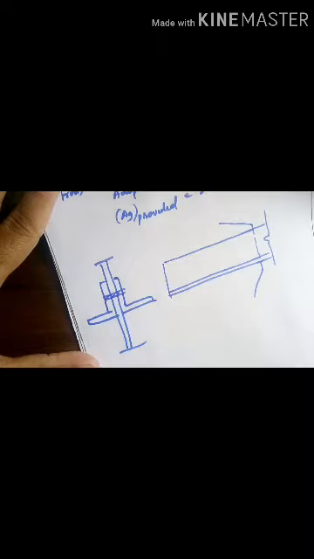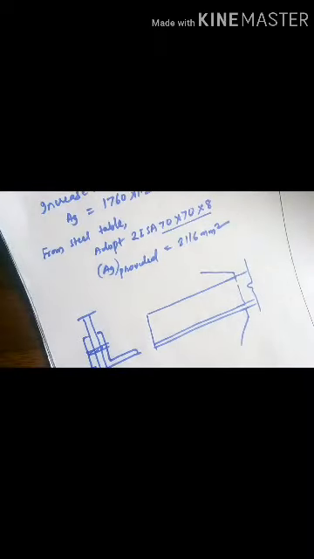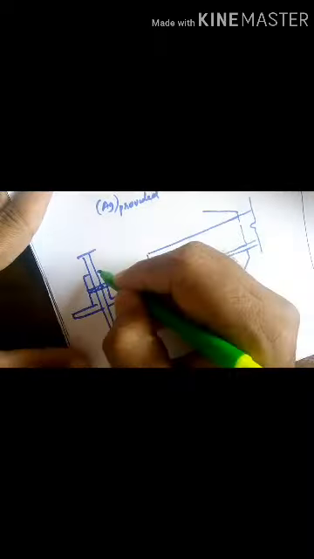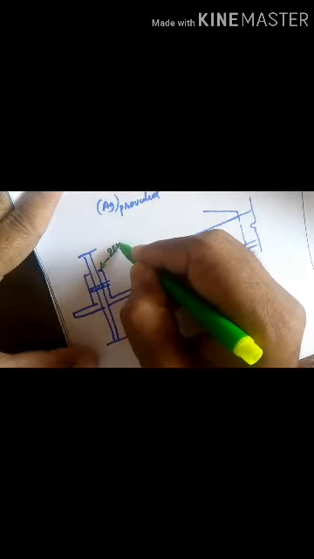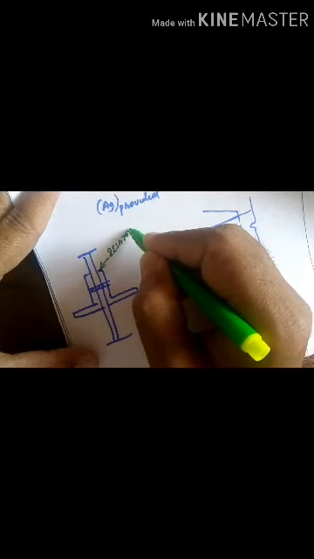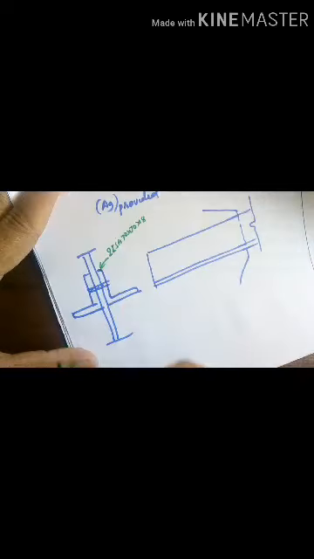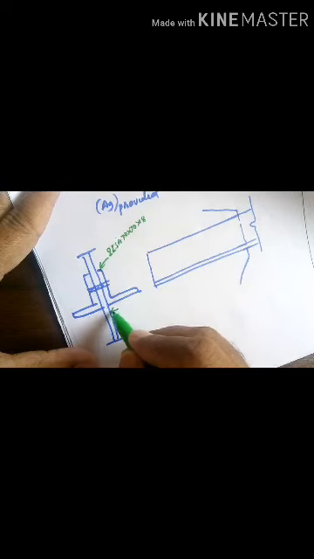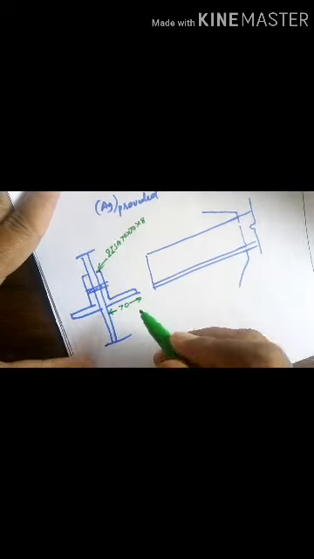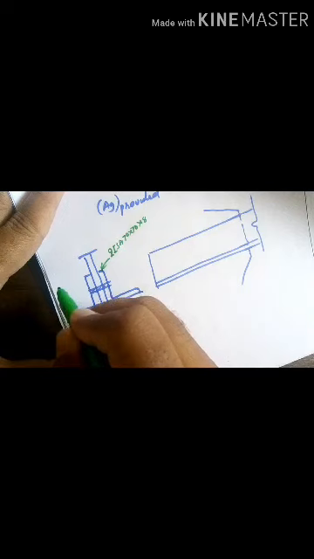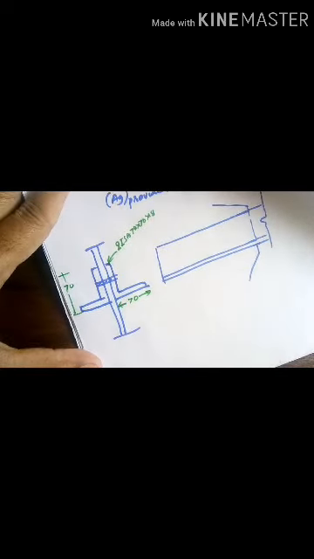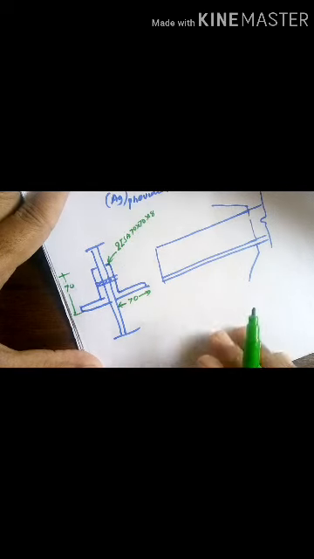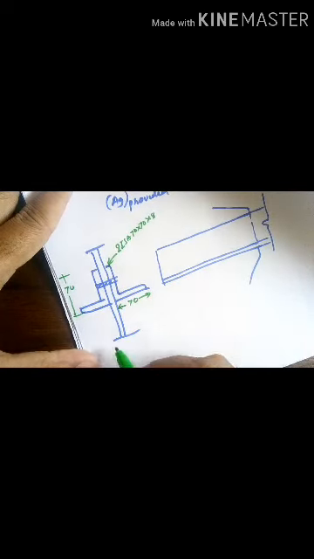Okay, this is a double angle. The angle provided here is 2 ISA 70 by 70 by 8. So this leg size is 70, and this leg also 70. Then you also note down the properties of this section, that is Cxx and Exx.